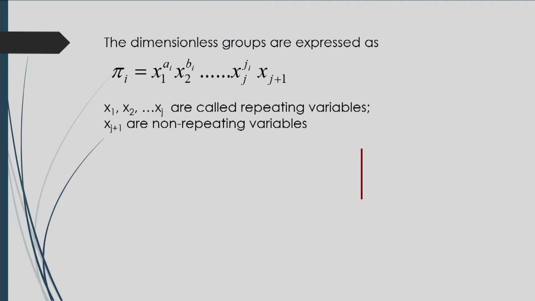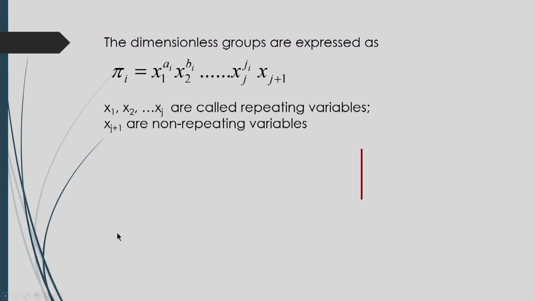So, some variables will be repeating again and again for the analysis of dimensionless groups, like pi i. Here pi i means dimensionless groups, here maybe n number of dimensionless groups will be formed. Here all these 3 dimensionless groups repeat, then x1, x2, dot dot xj and then xj plus 1 accordingly it will come.